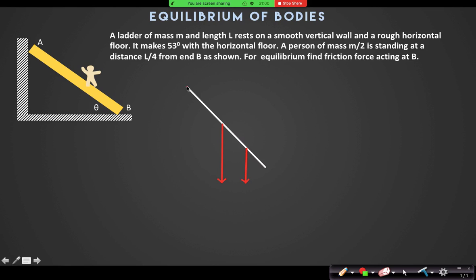One force from the vertical wall, normal reaction N1. Another normal reaction comes vertically upward from the floor, and another friction force towards the left. So all these are the different forces acting.